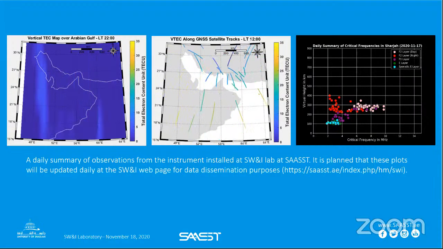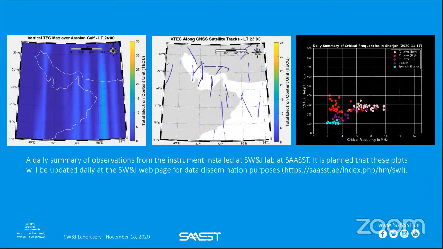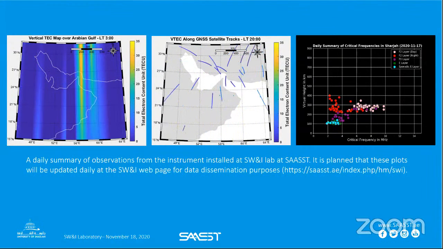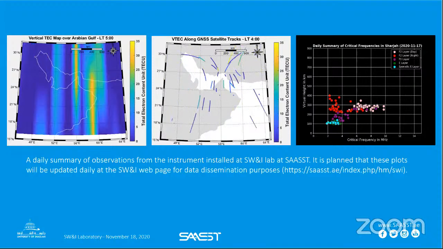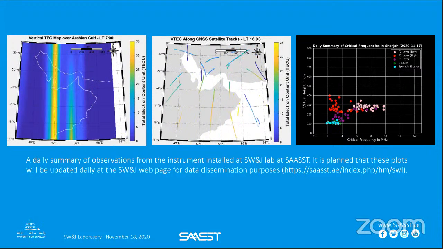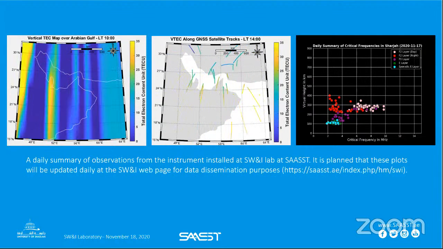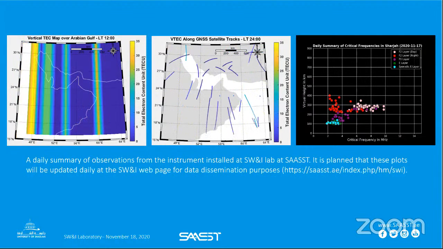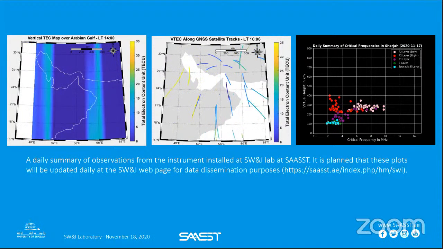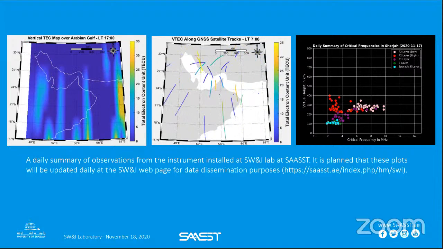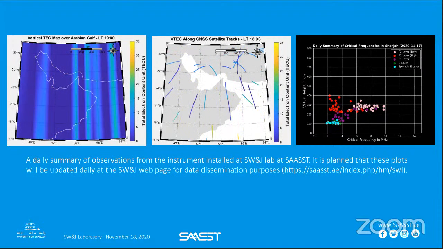This plot is available a day after. I have the latest plot for yesterday, 17 November, showing how the critical frequencies of the ionosphere are changing and the complete picture of them. It gives a very good idea of the day-to-day variability and intensity of the ionosphere. So by combining these two data sets, we can make the model very effective.